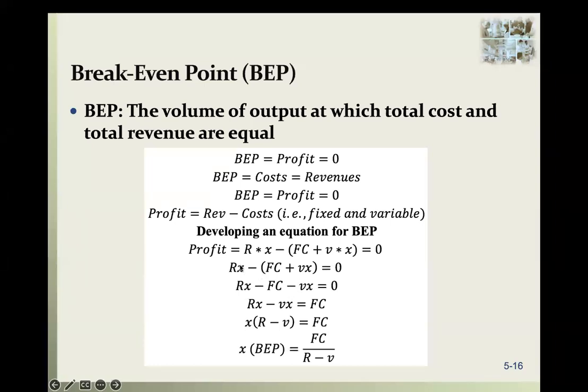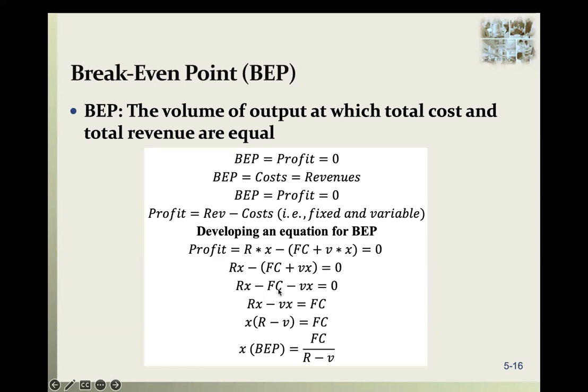This is the distributive property you have studied in high school. So when these parentheses are opened, we get RX minus fixed cost minus variable cost times X is equal to 0.